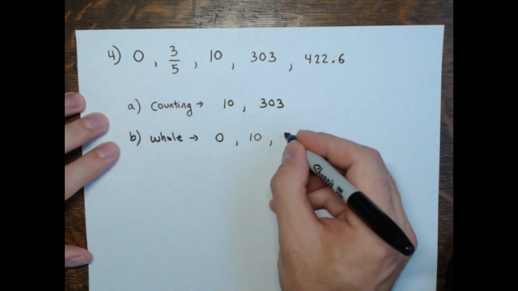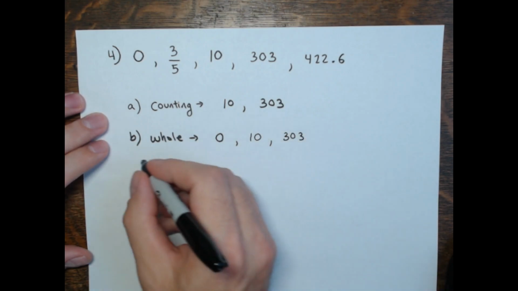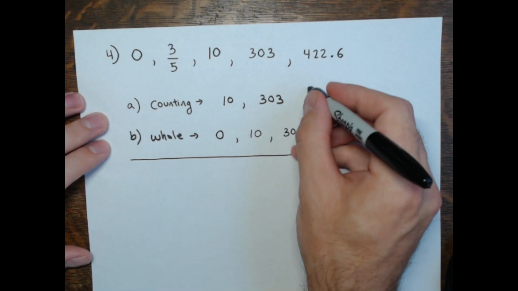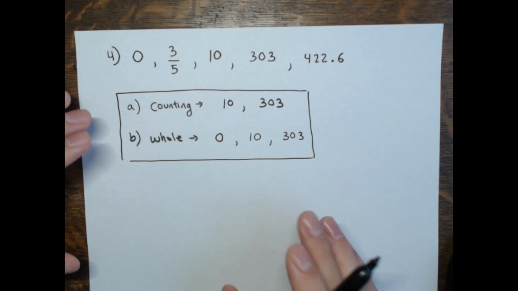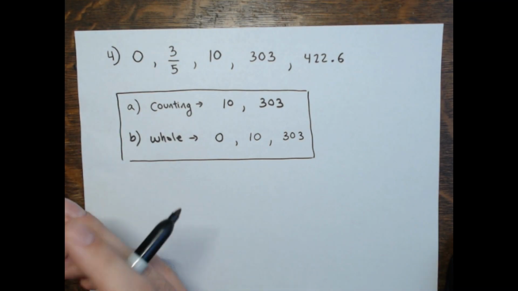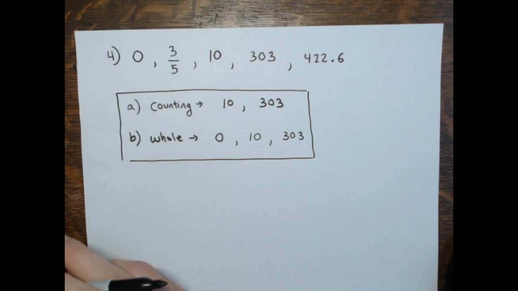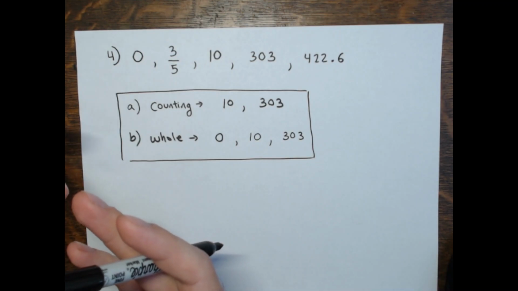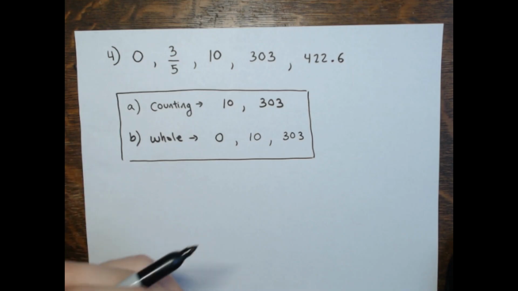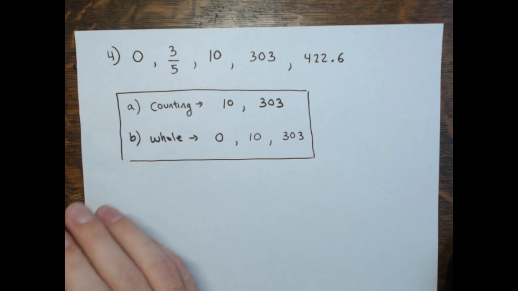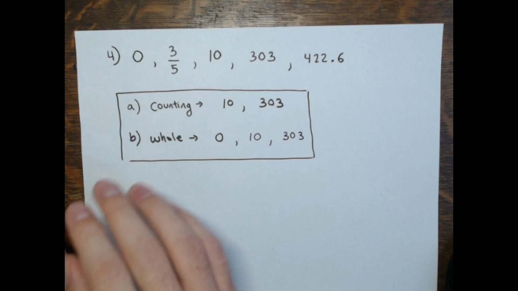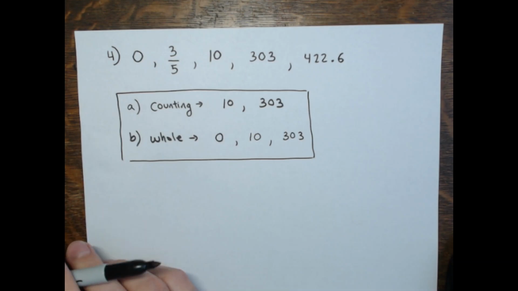So 10 again, 303 again. Box that in. Now, just like number 2, again, unfortunately, I cannot check the answer in the book unless you have some solutions manual. But based on our knowledge of counting numbers and whole numbers, these are the correct responses.